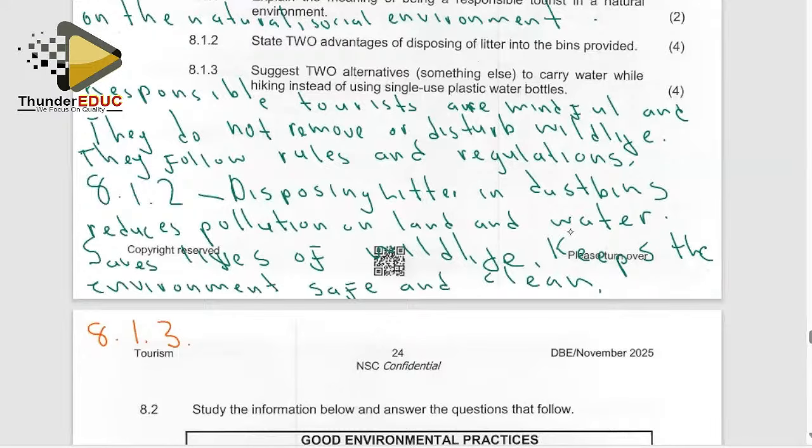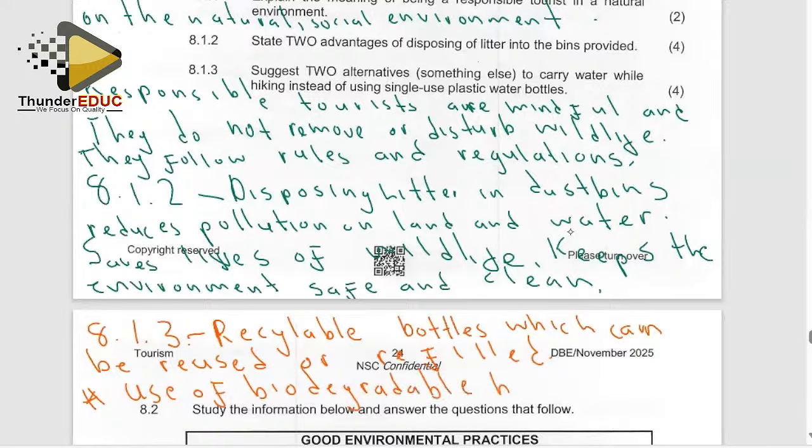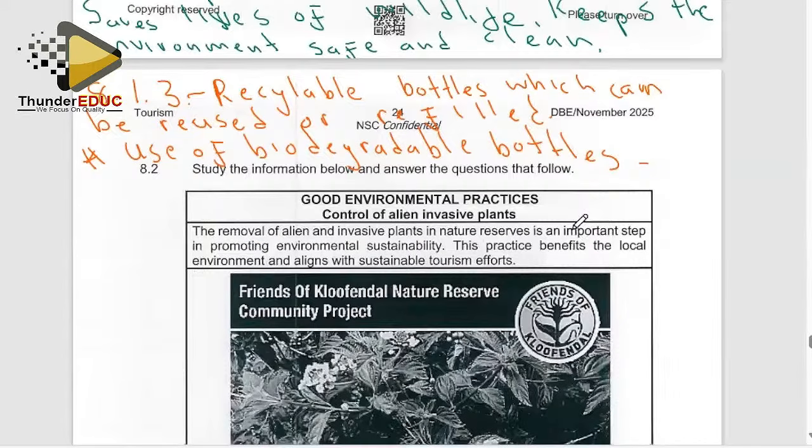You can use recyclable bottles which can be reused or refilled. In addition to that, use of biodegradable bottles can be another option.